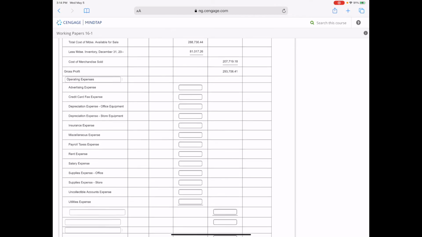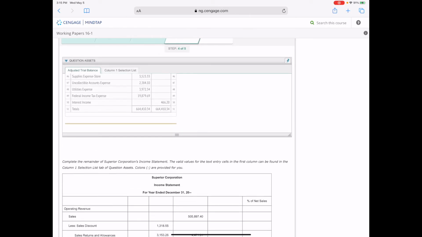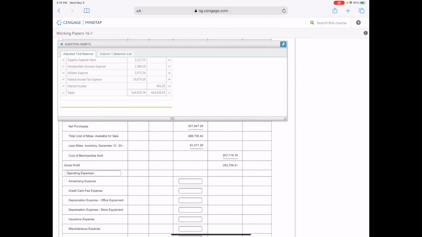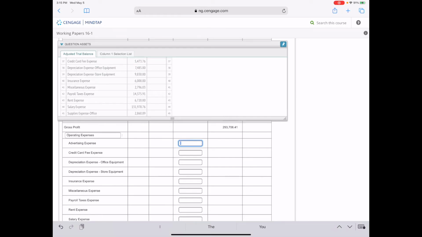And you'll go through and you're going to list all of your expenses except for the federal income tax. We'll figure that out in just a little bit here. But you're going to go through and you're going to plug in all the numbers from your expenses. So you can do that while I'm doing it.